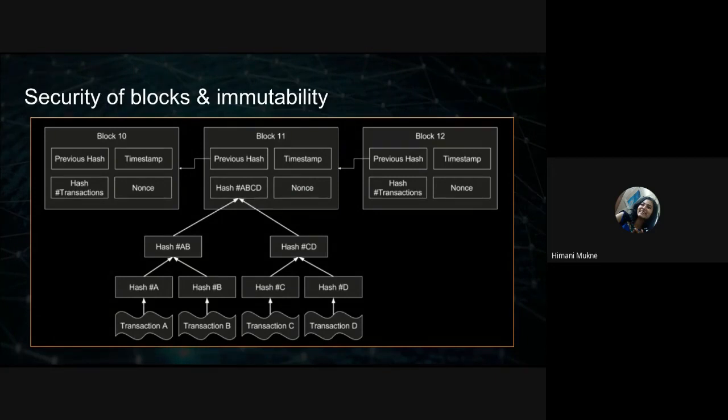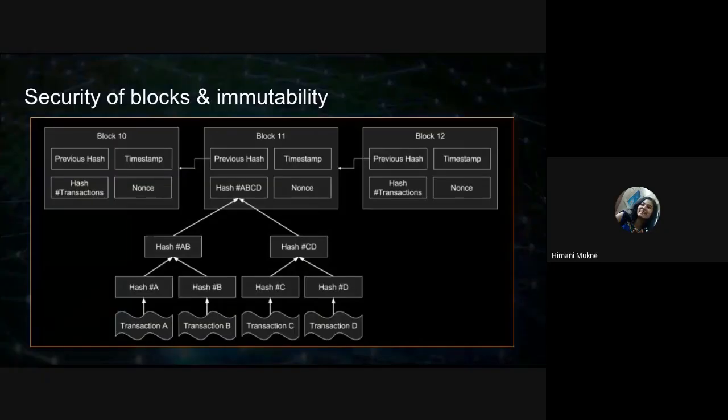It carries a body wherein all the transactions are grouped, and it carries a metadata. Now, the metadata are those four boxes that you see. It's a reference of the previous block through the previous hash field. There is a timestamp, which again cannot be put by a user. It has to be put by the blockchain.